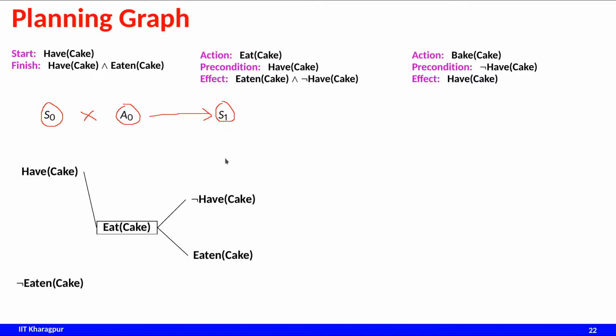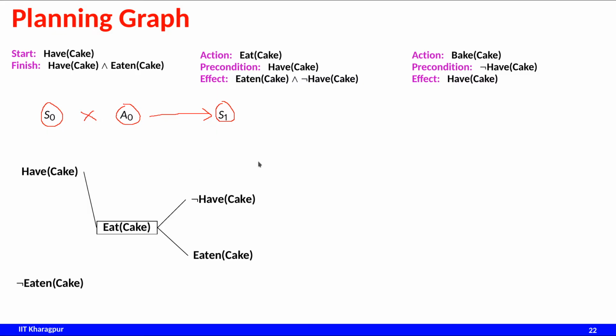Now at the level of S1, we have only not have cake and eaten cake. This results only when we apply eat cake, and no other action is possible at the level of A0.